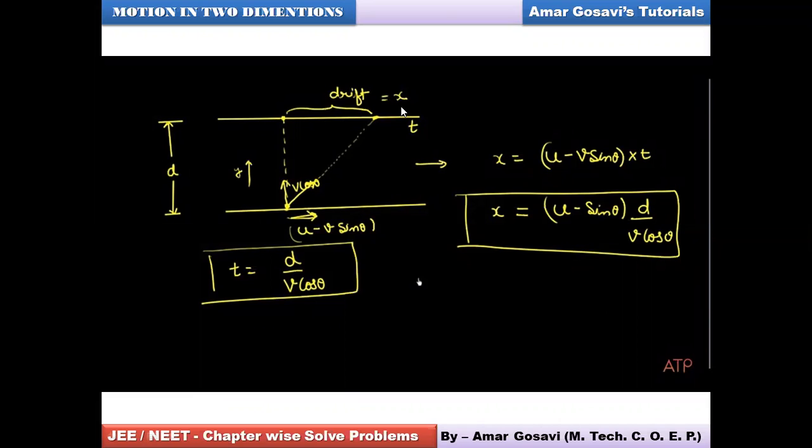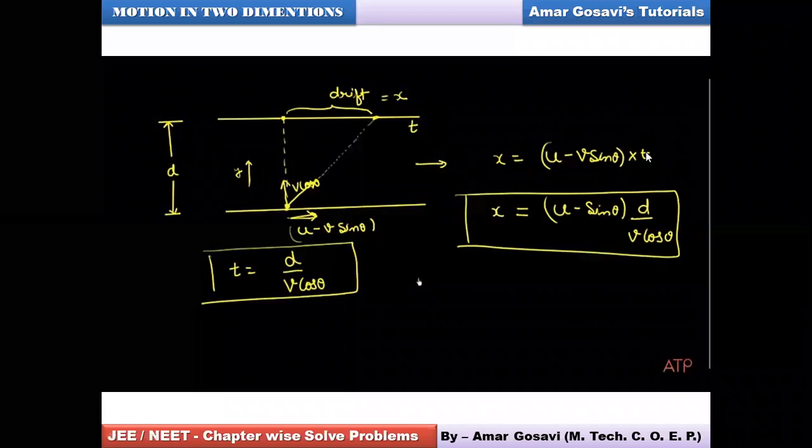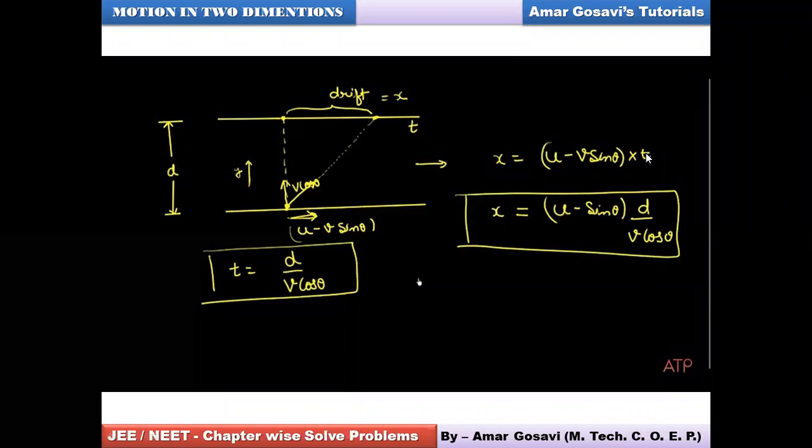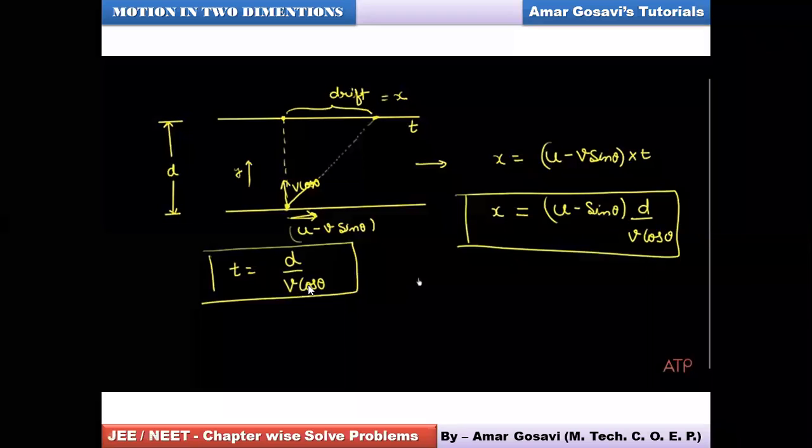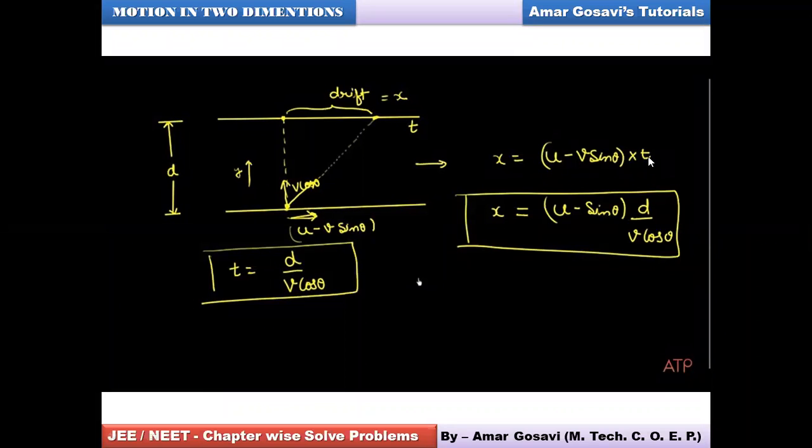So x will be the resultant speed, u minus v sin theta, multiplied by the time taken. The equation for time which we derived is d by v cos theta, so just put the value of time as d by v cos theta. With the help of this derivation, you can find out the drift, that is x, first.